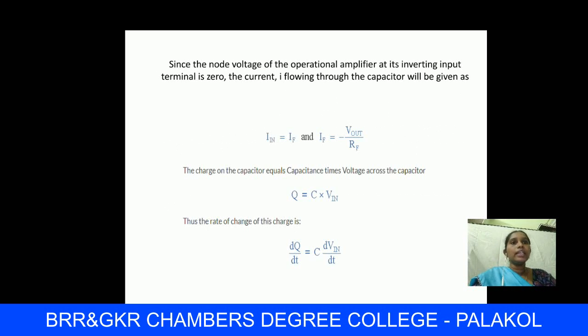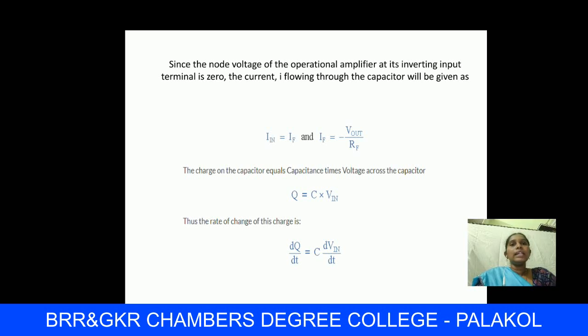Since here the node voltage across an operational amplifier and the current flowing through the capacitor will be given as, that is IF is the current in the feedback element, IF is equal to minus V out divided by RF.